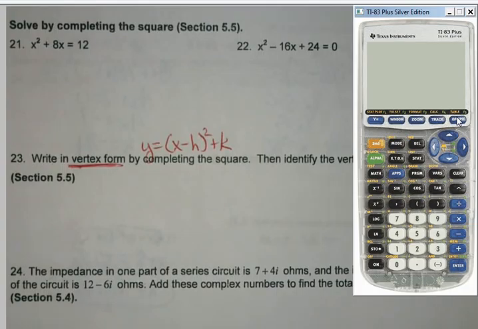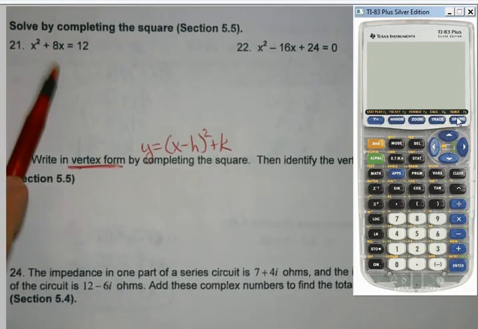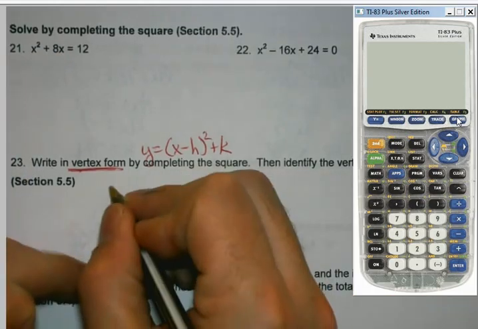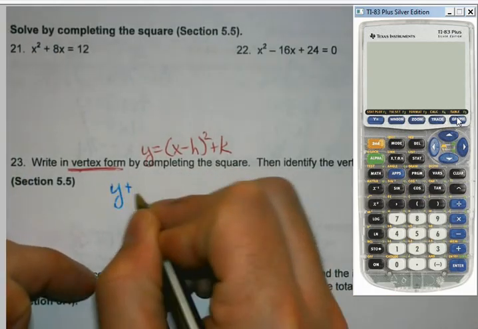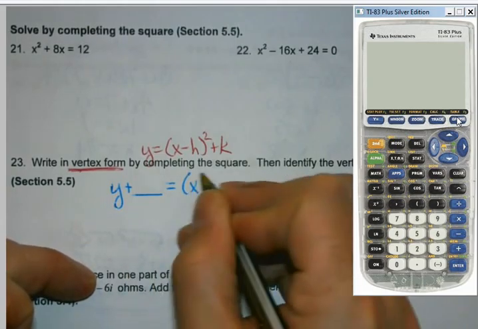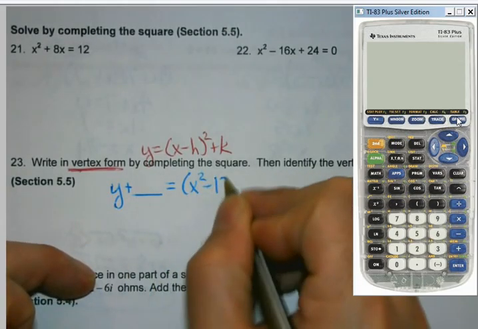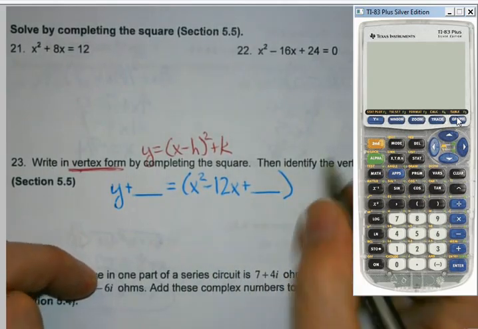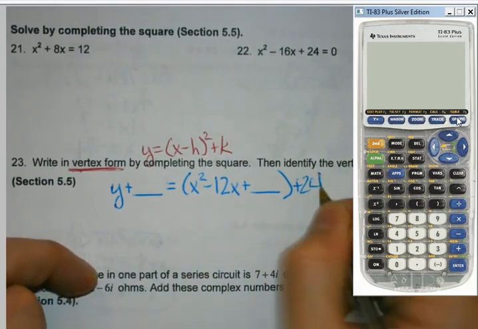Instead of getting all my x's to one side, like I do when I'm completing the square, because for instance, 21 is set up perfect to complete the square normally. When we're doing it with the vertex, we're going to add a blank on the y equals side. And instead of isolating my x terms, we're going to put them in parentheses with a blank, and we're going to let the 24 stay.